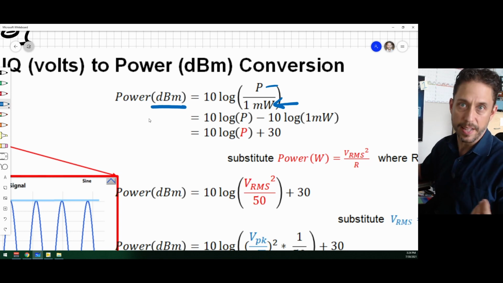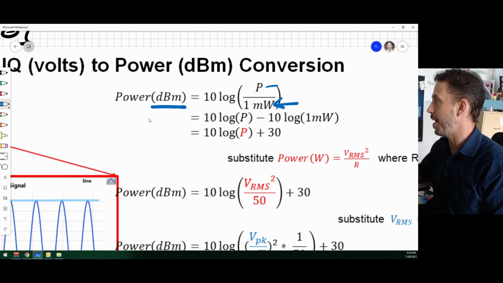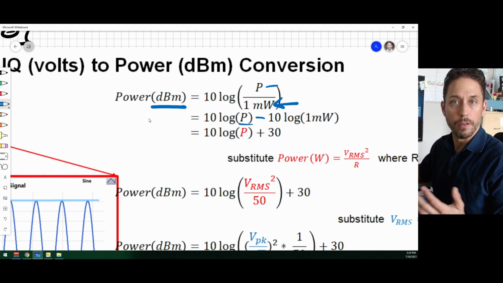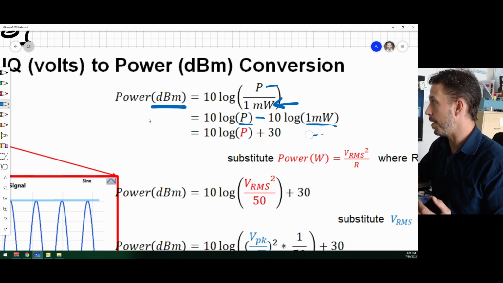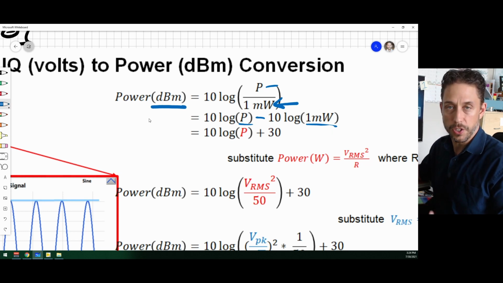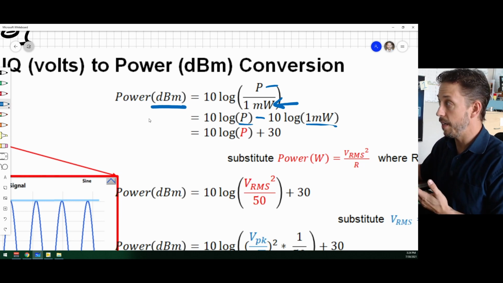Let's break the math down: we still have our 10 log P, and then of course 10 log 1 over a milliwatt. You take that reciprocal, and it's basically negation to 10 log of 1 milliwatt, which is now relational to 1 watt, or just a value of 1. And so now this is just a value of 30. So now we've got 10 log of P plus 30.